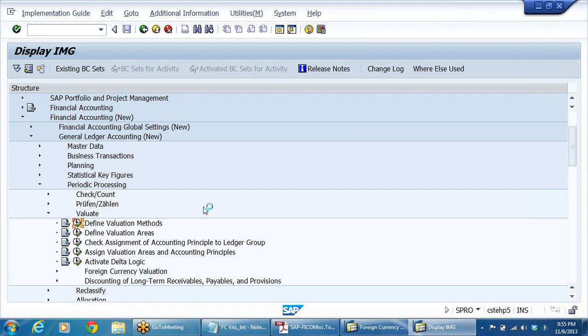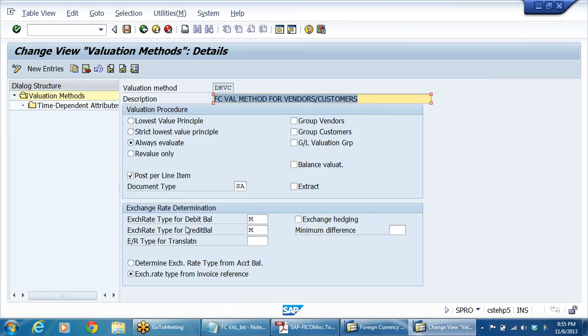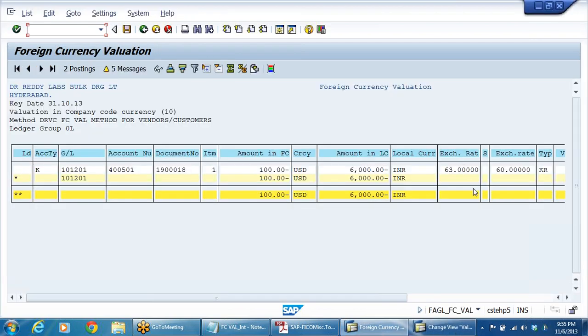The valuation method D1 we have defined. Sorry, this is DRVC, foreign currency valuation method for vendors and customers. Here we told the system the exchange rate type for debit balance or credit balance should be average, M. Because of this, the system has picked up 63.